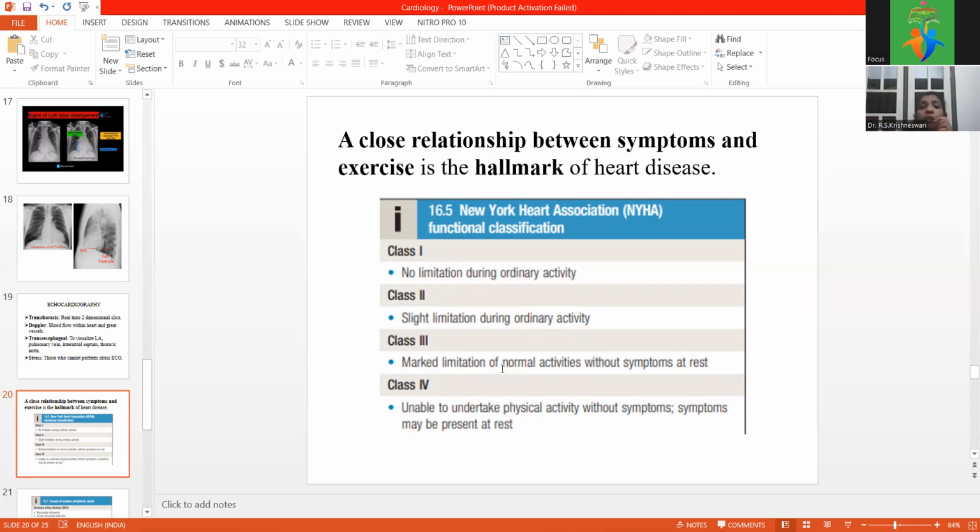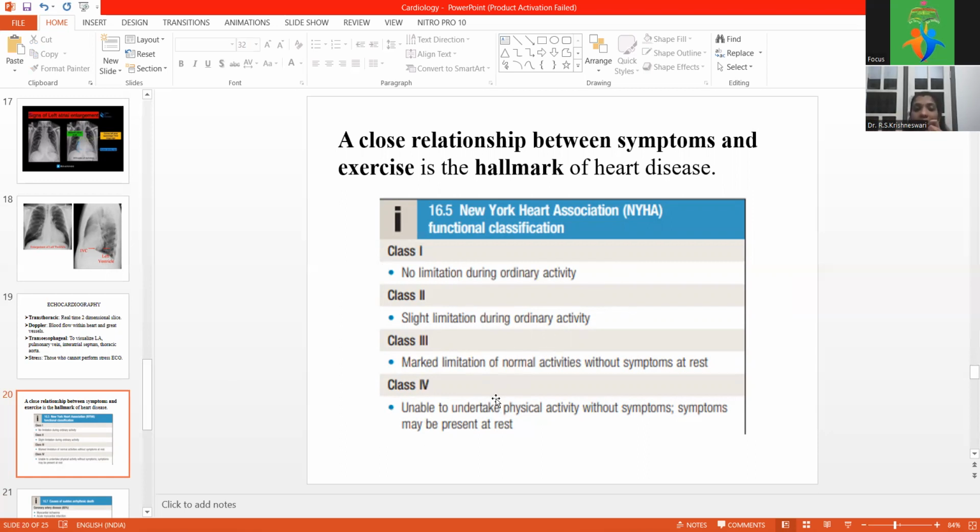There is the New York Heart Association, which has classified the exertional functionality of heart disease into 4 classes. Class 1 is normal, with no limitation during ordinary activity. Class 2 has slight limitation during ordinary activity, with slight discomfort.